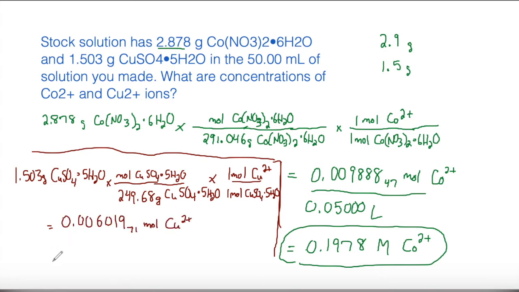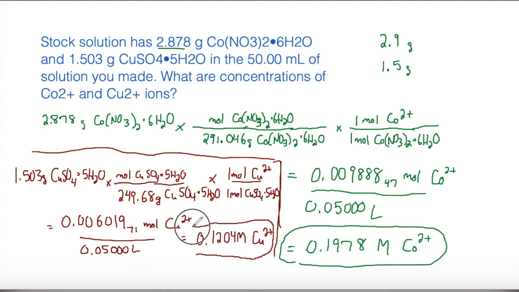So this is 0.00601971 moles of copper 2 ions, and then that is in a volume of 0.05000 liters of solution, and that comes out to be a concentration of 0.1204 molar in copper 2 ions. So these are the 2 concentrations that we have in our stock solution.